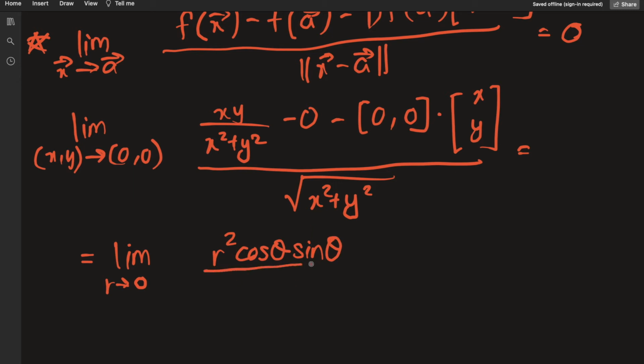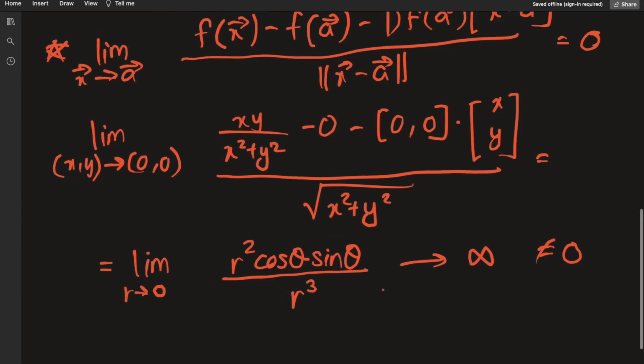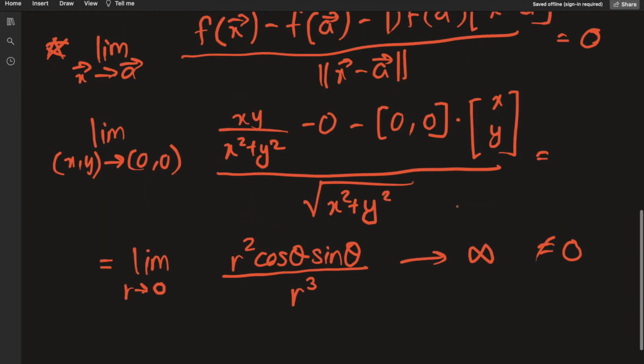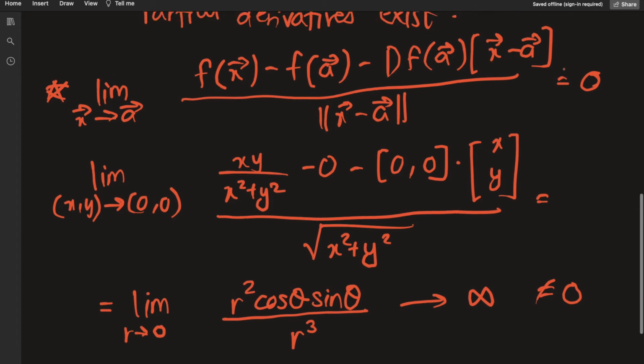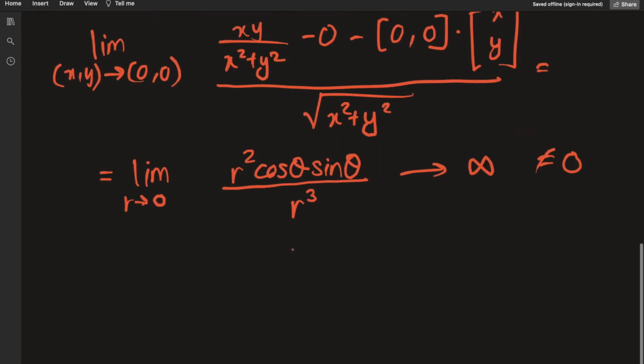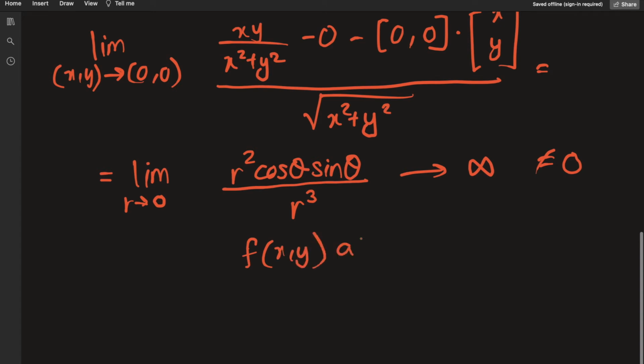If you do some calculation, this will become r cubed, and this goes to infinity. It does not go to 0. It diverges. So this function is not differentiable, because this is not 0. In our case this is not 0. So f of x and y at 0, 0 is not differentiable.